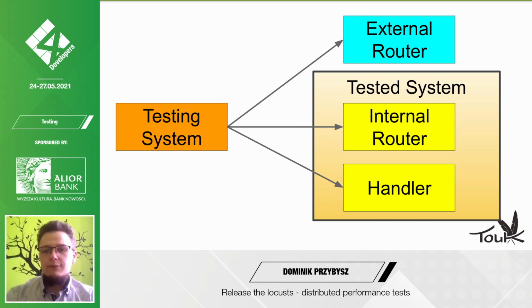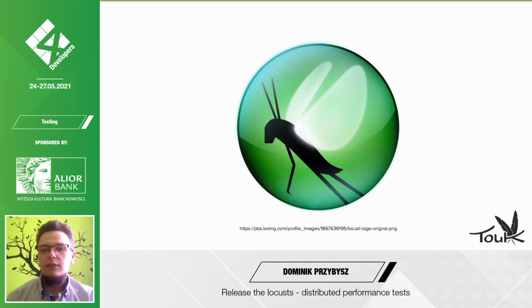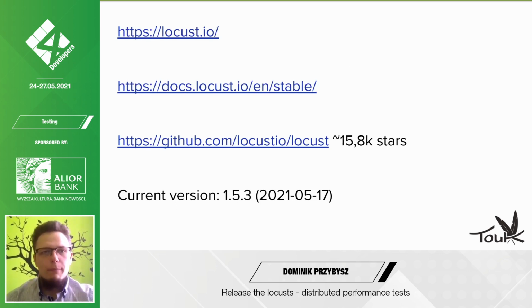For those requirements, we found that the Locust framework would be the best solution. There are some web pages. First is the main web page of Locust. Quite good documentation is in the second one.